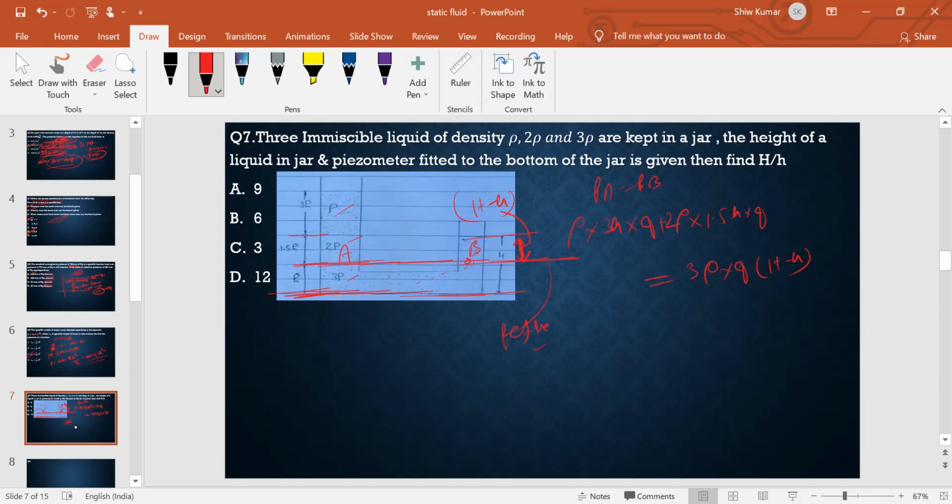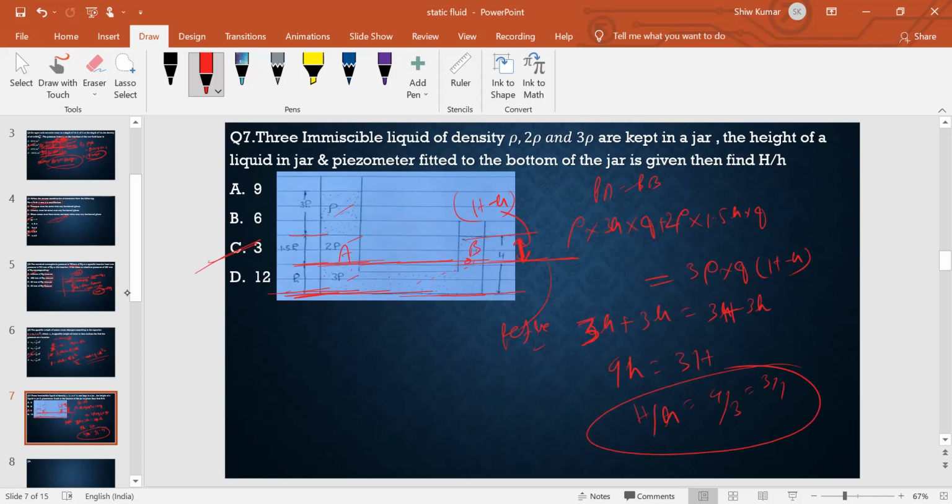Simplifying, rho and g cancel on both sides. So 3H, and 1.5 into 2 again gives 3H, must be equal to 3H minus 3h. Sending it to this side, 9H is equal to 3h. So the H by small h ratio is 9 by 3, that is 3 by 1. So option C is the right answer.